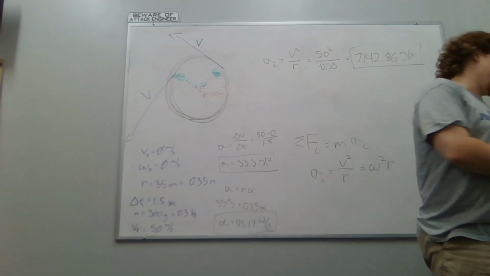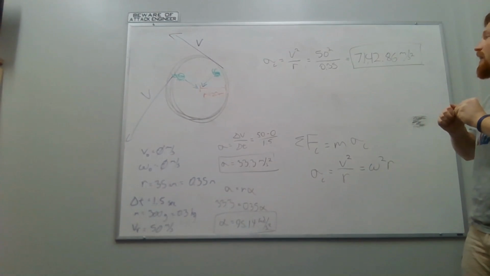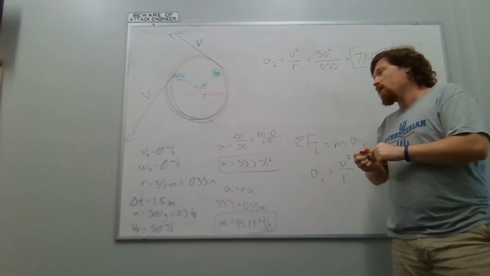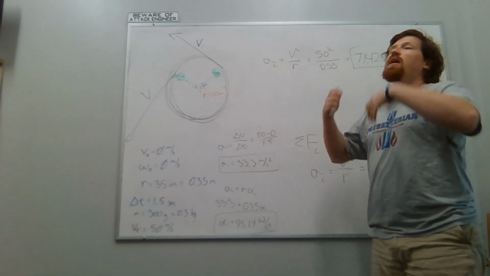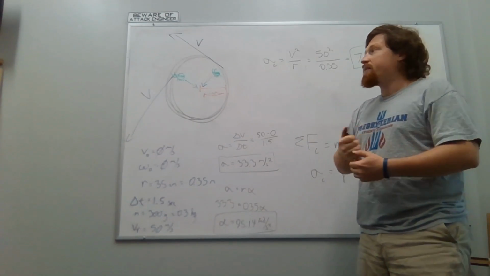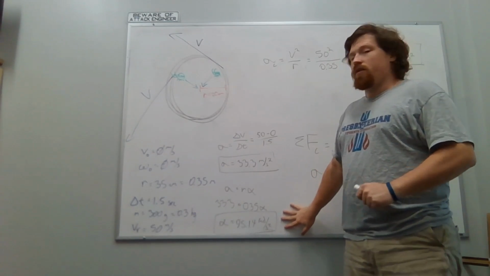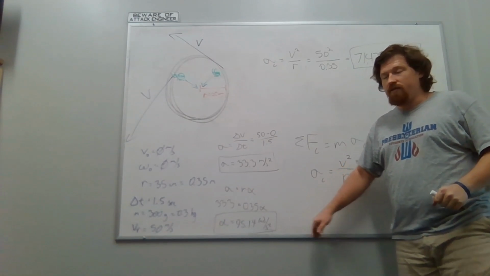Now, the reason that we have found all three of these accelerations is to prove that they are not all the same thing. The linear acceleration represents the change in the rock's linear velocity as it is rotating. The angular acceleration represents the change in its angular speed as it rotates.